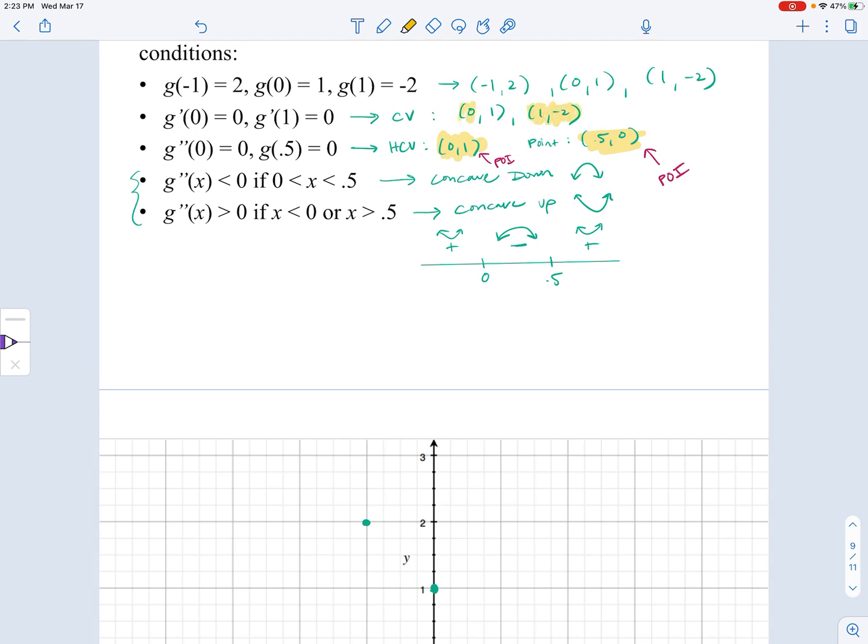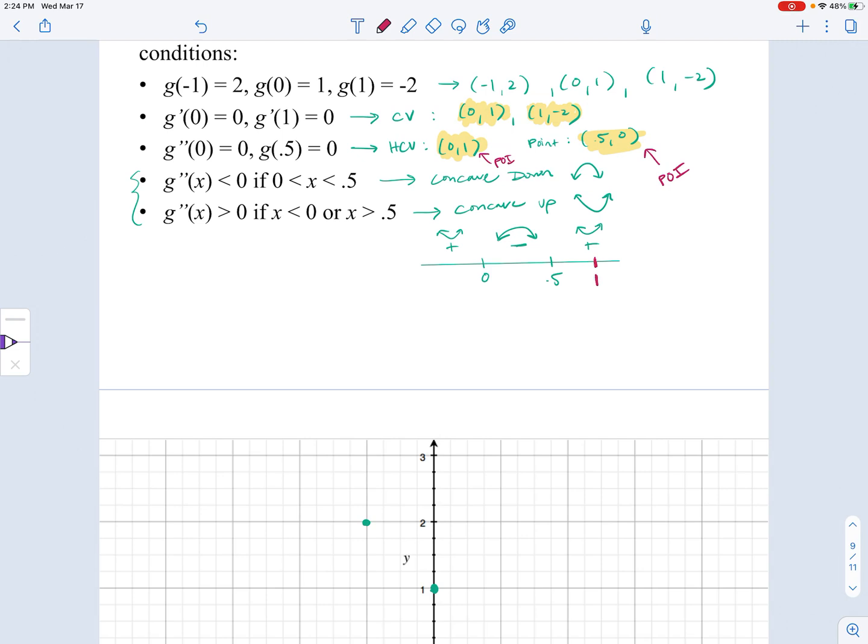And since (1, -2) is also a critical point, we know what's happening now with (0, 1). But (1, -2) was another critical point. 1 is a critical value, so it's potentially a local minimum. We're not given other information about where the graph is increasing or decreasing, but we could use the second derivative test.